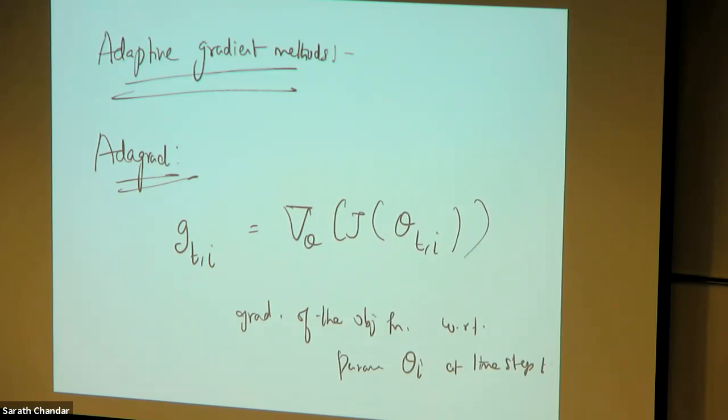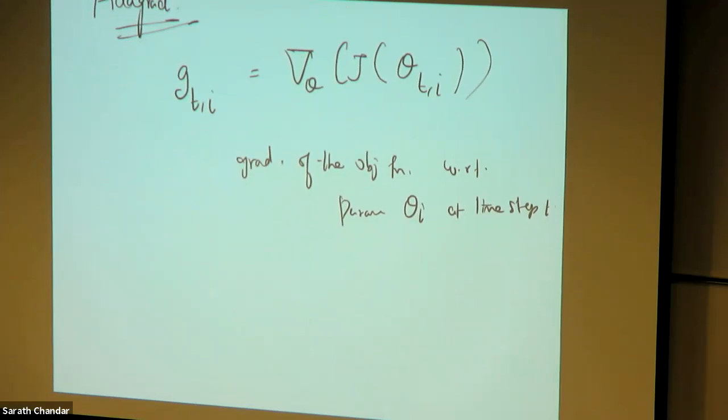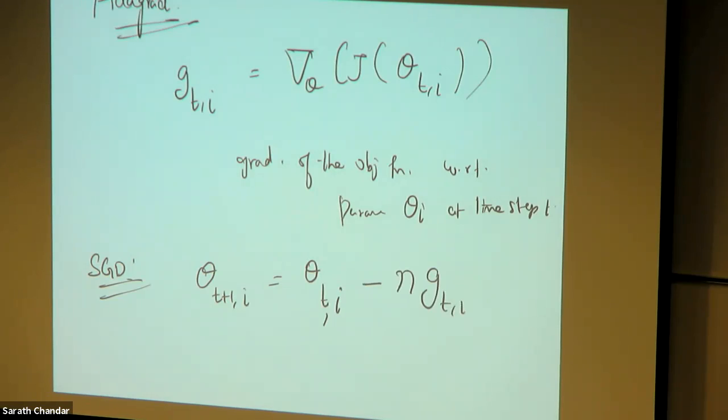Is that clear? Once I have this notation, I can rewrite my regular SGD. My SGD is basically theta_{t+1,i} = theta_{t,i} minus eta times g_{t,i}. This is my regular SGD.